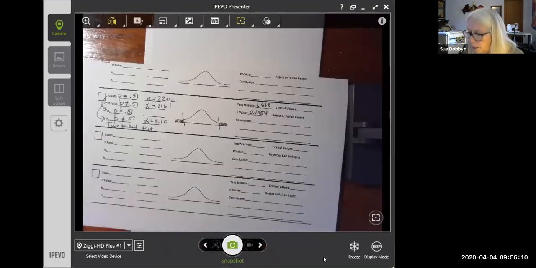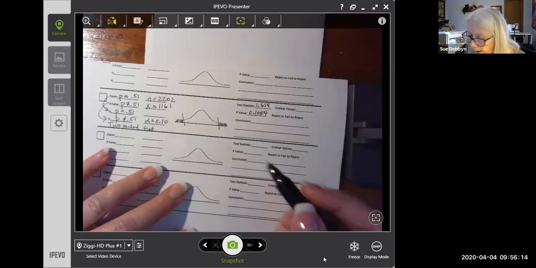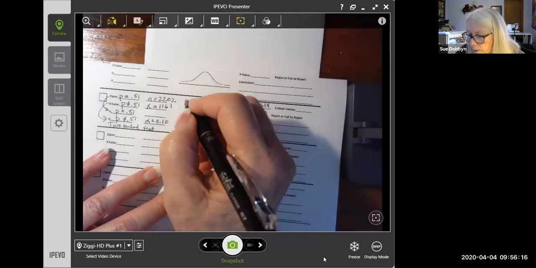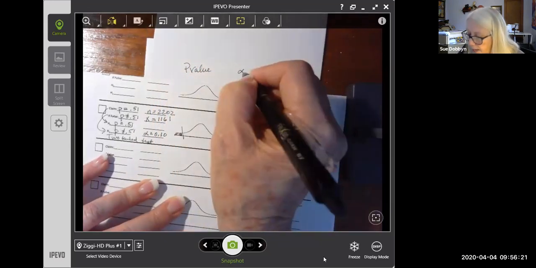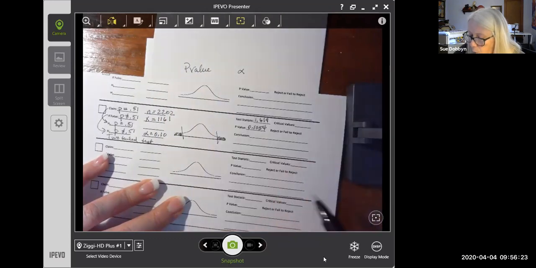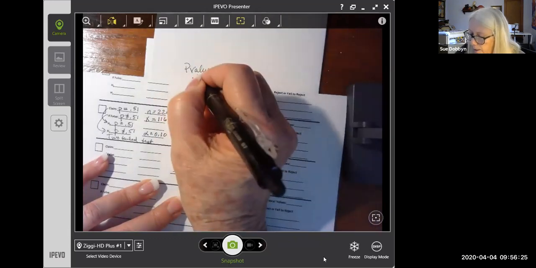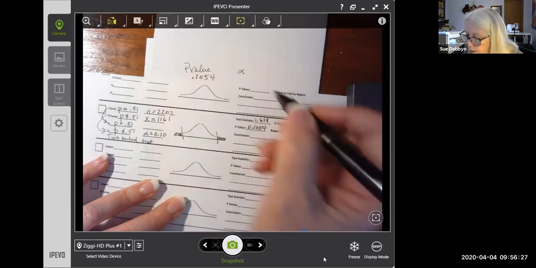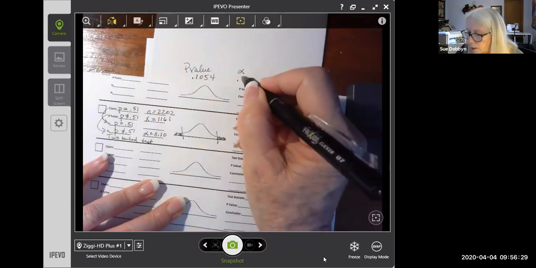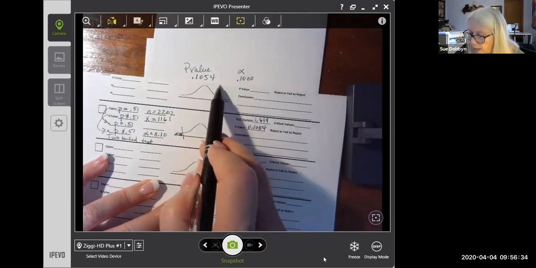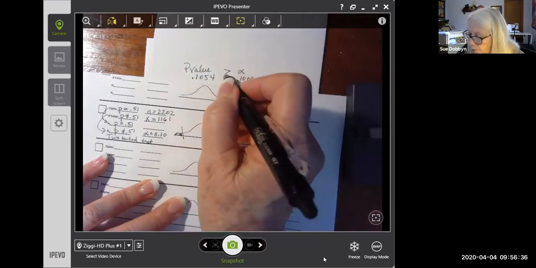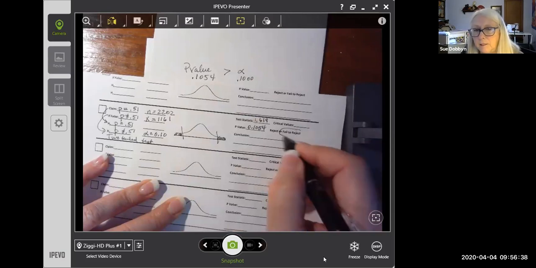Again, we're using the p-value method, so I'm going to compare the p-value with the alpha value. In this case, the p-value was 0.1054. The alpha value is 0.1000. So here the p-value is greater than the alpha value, and that means that I fail to reject the null hypothesis.